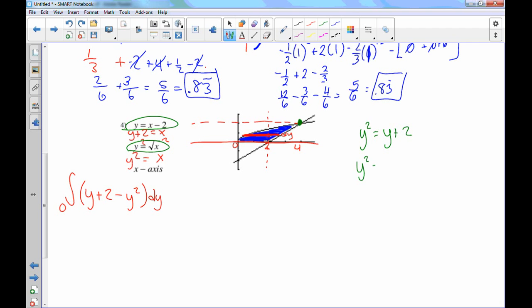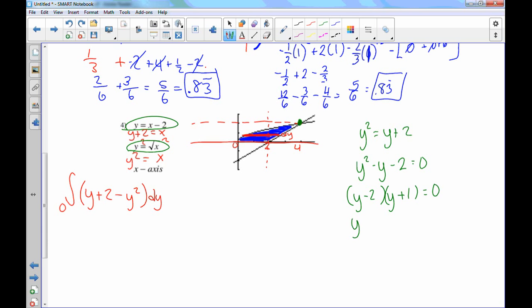So we have y squared minus y minus 2 equals 0. I did the original, I have a square root in there, and that's not too fun. So two numbers that multiply to -2 and add to -1. So those are factors.